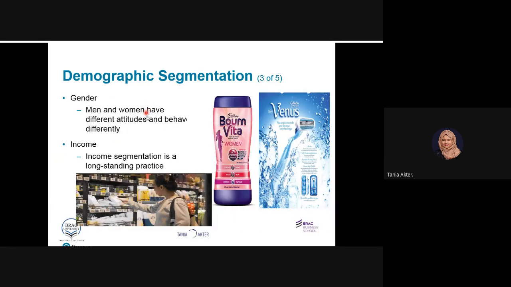Here you see we can classify people in terms of gender and also income. So see, Cadbury Bonvita is for women. Previously, we used to see there was one particular Bonvita which never mentioned men and women.